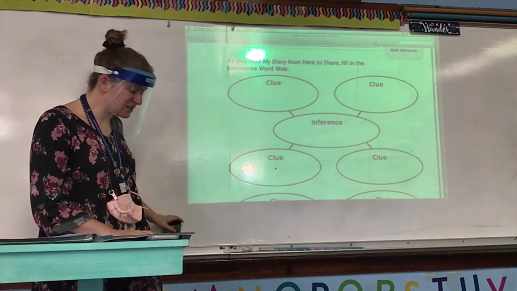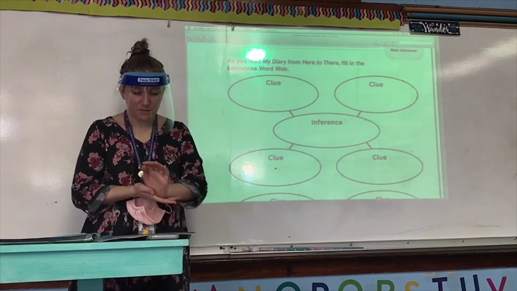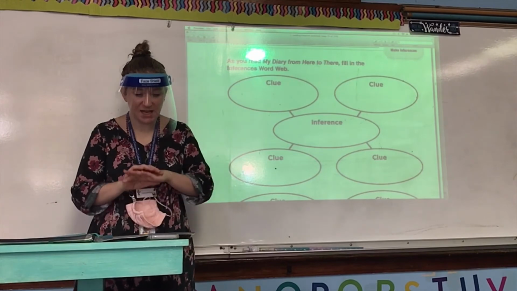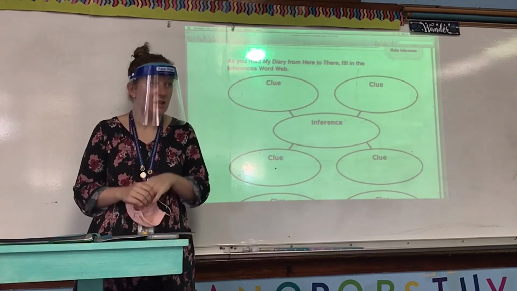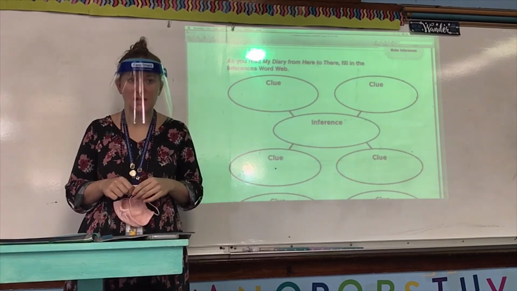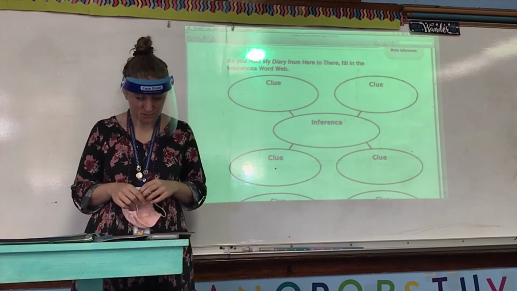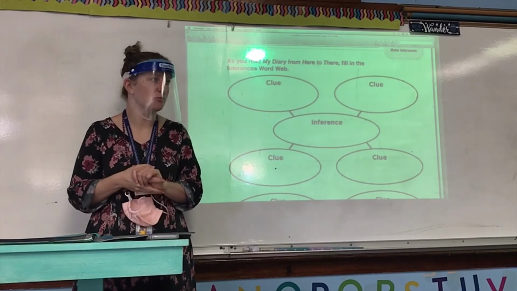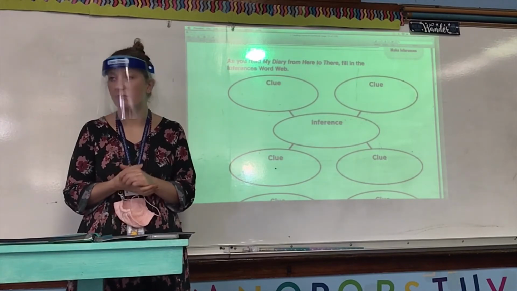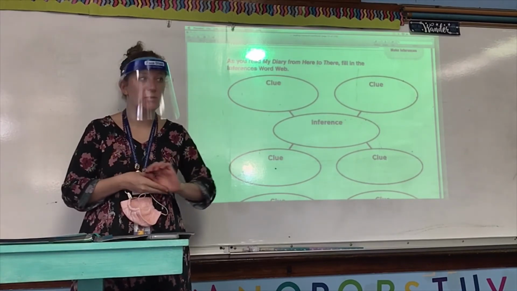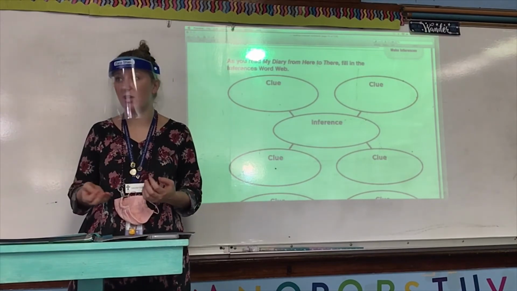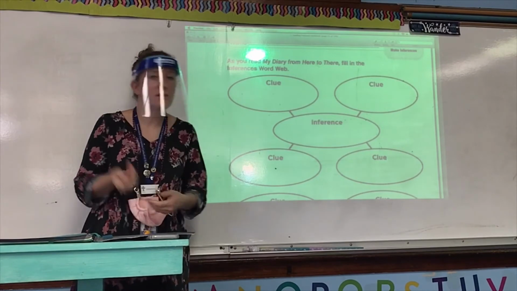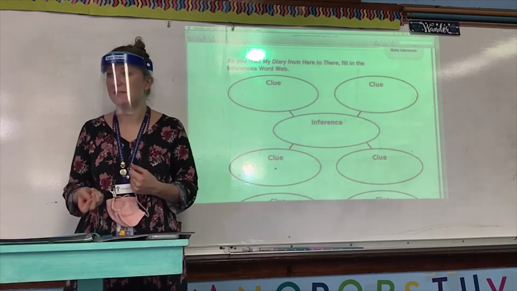Good. So let's think about what Zari just read. She read the names of real towns. Mexicali, Mexico. Calexico, California. Los Angeles, California. Would a fantasy story need to use real city names? No. So authors, when they're writing realistic fiction and trying to make you see, hey, this could happen in real life, they're going to use real places.